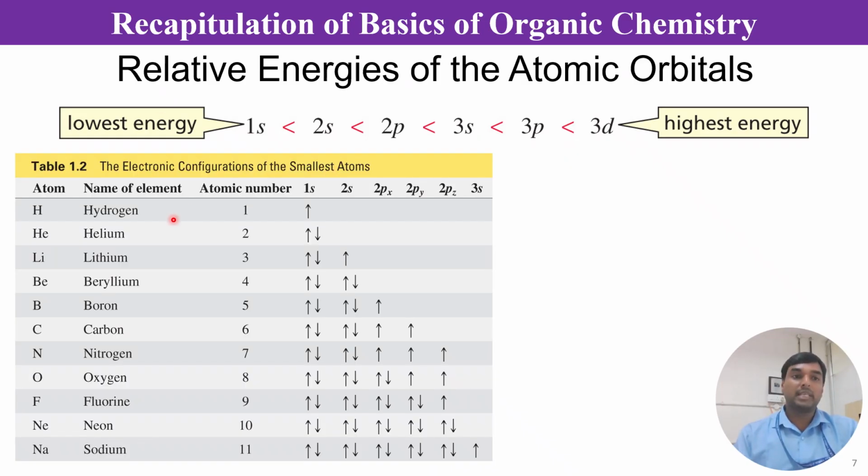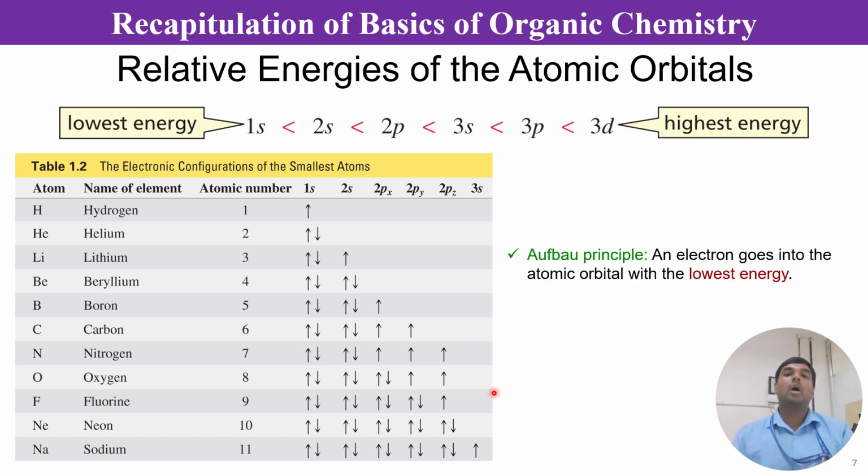That's why hydrogen has a 1s orbital, helium 1s2, lithium 1s2 2s1. So these are basically electronic configurations. The first electron has to fill the orbital closest to the nucleus, followed by the other orbitals.